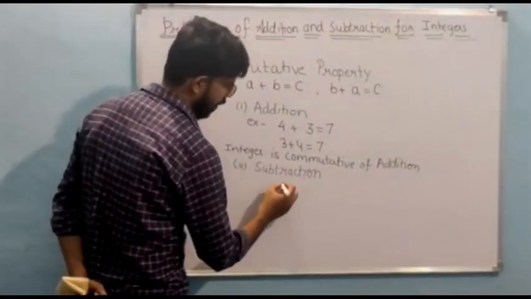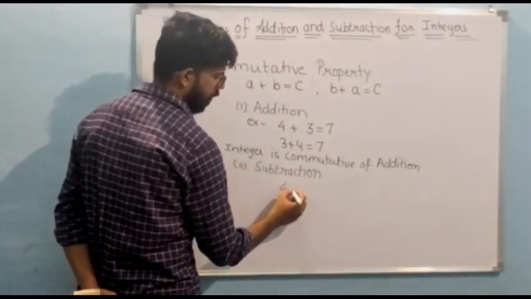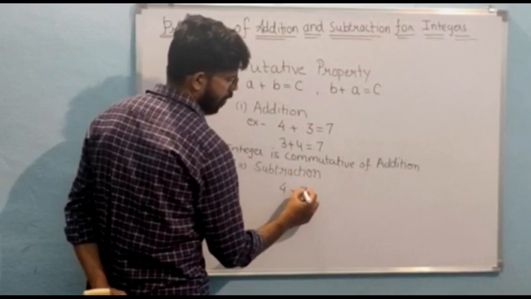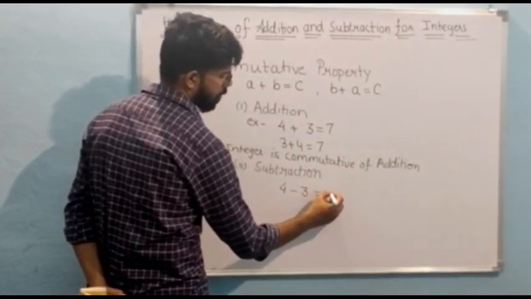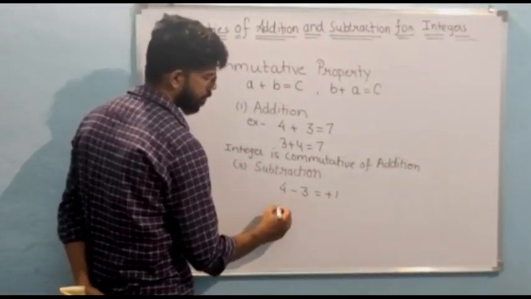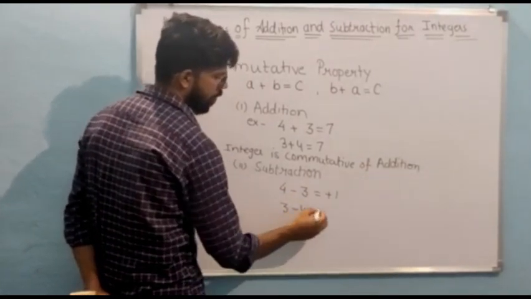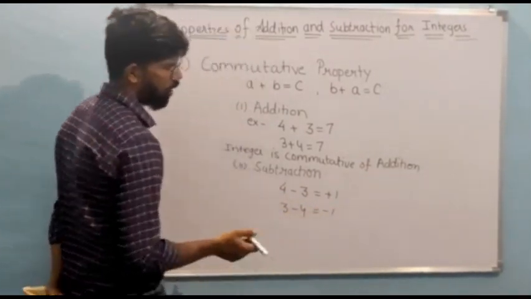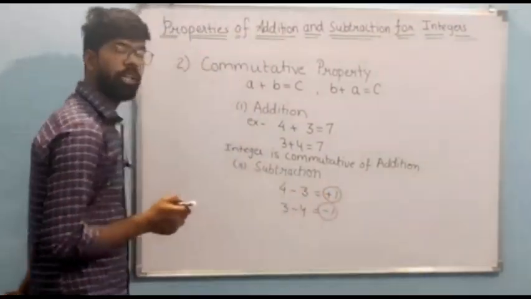Now we have to check in subtraction also. Now we take plus 4, we subtract 3. What do we get? We get plus 1. Now interchange the numbers. 3 minus 4. What do we get? Minus 1. Here is plus 1 and here is minus 1. Both are not equal.